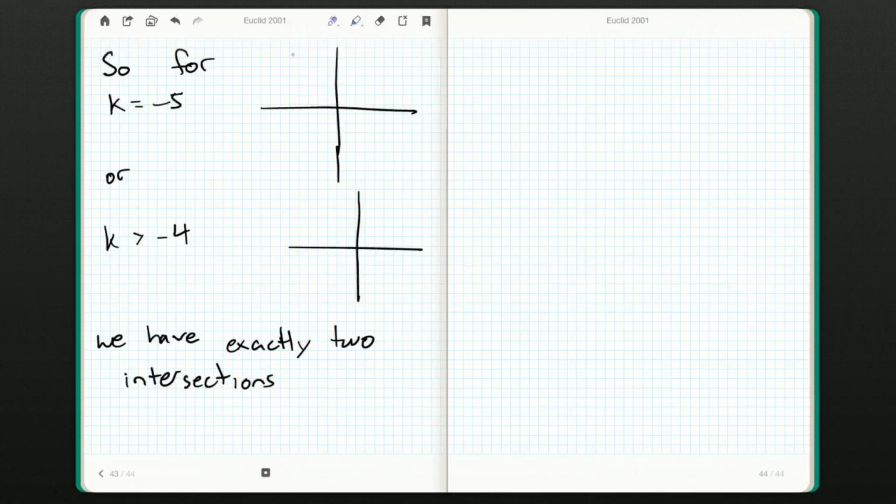So I think we use the purple for the parabola. So anything greater than negative 4, so how about, I don't know, negative 2 or something. We get 2 intersections here, and for the negative 5 one, what will actually happen is it will touch. It will just sort of be tangent.